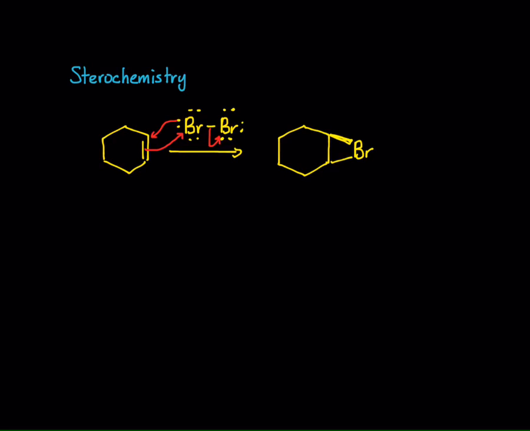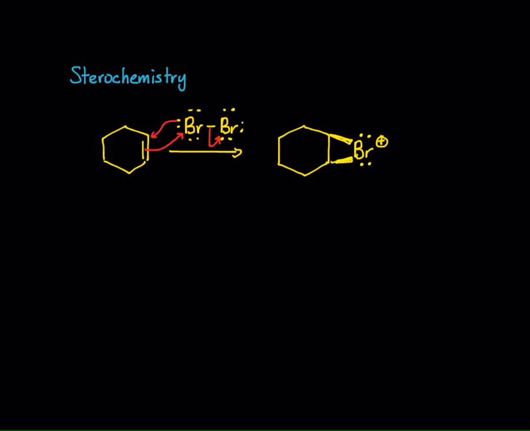I now form a bromonium ion. Well, that bromonium ion, if I'm assuming that the carbons are in the plane of the board, has to be coming out at me, or it has to be going behind me, correct? Of course, they're the same.